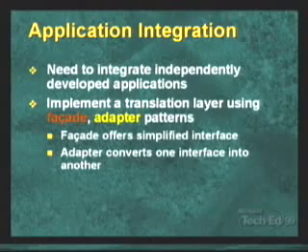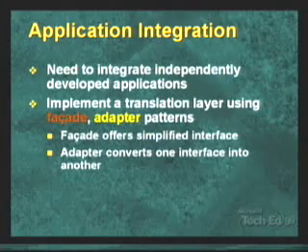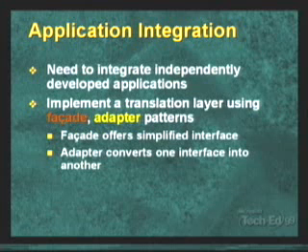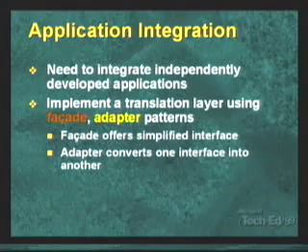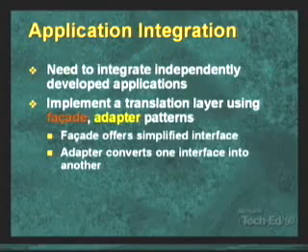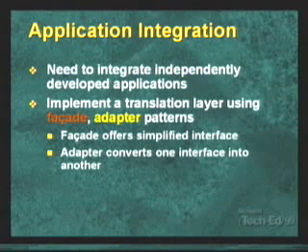Another pattern that you can use for reducing coupling between applications in particular is to use a combination of facades and adapters. So it's very common these days to need to integrate two different applications, and you can't always rely on being able to change the code in either one of them.